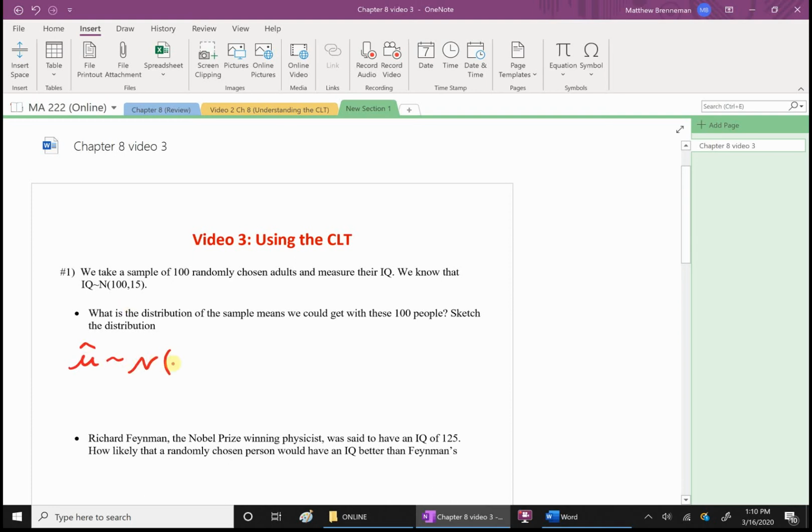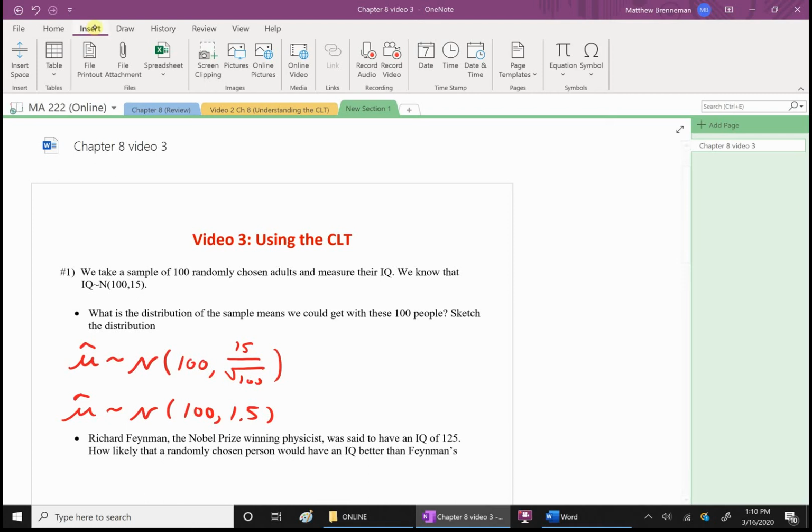They're going to be centered at the population mean, and the standard deviation is going to be the standard deviation of the variable, which here is 15, divided by the square root of the sample size. And so when we work this out, we find that the sample means have a normal distribution with a mean of 100 and a standard deviation of 1.5.